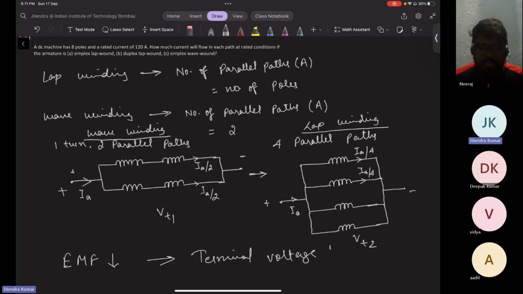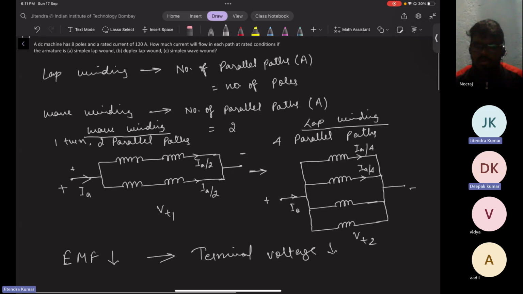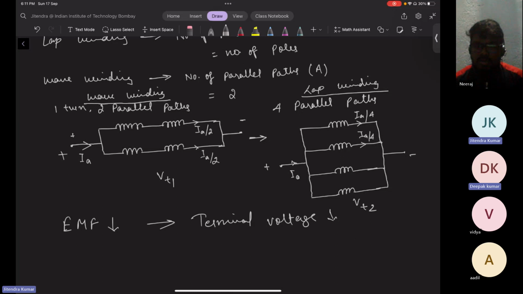So what will happen if the terminal voltage reduces and the same current you are applying? IA and IA both are the same. Sir, power will be lower. Yeah, if the same current you are applying, currents in parallel paths are reduced.